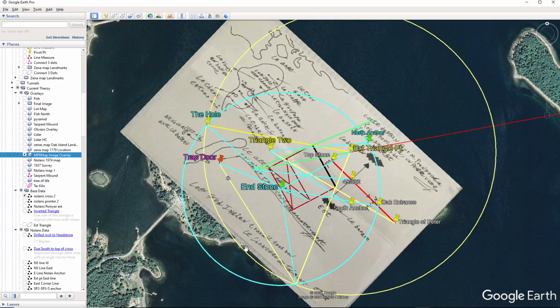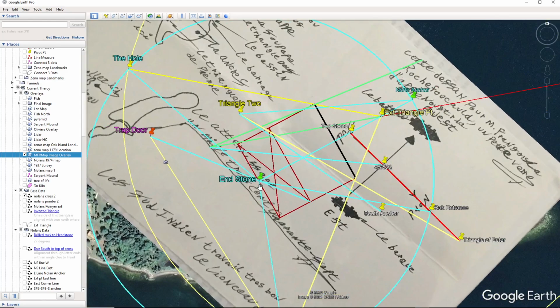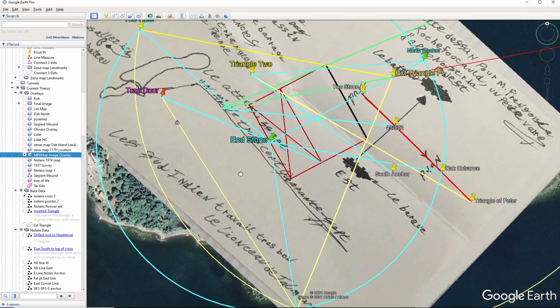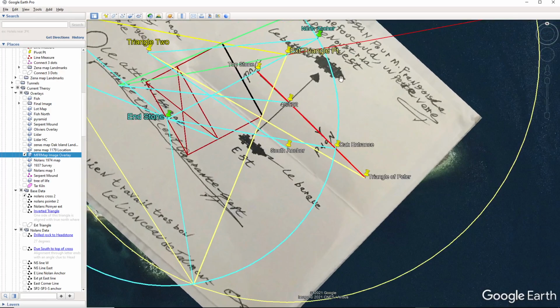And the one thing that I can say is that when you take the data that we have found and put it on Oak Island, the way it corresponds to the other data and how it correlates is such that it's almost indisputable.